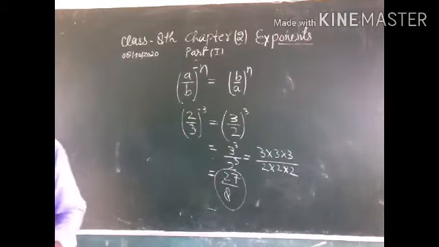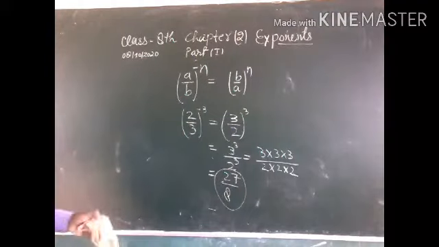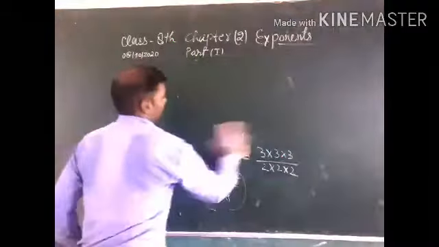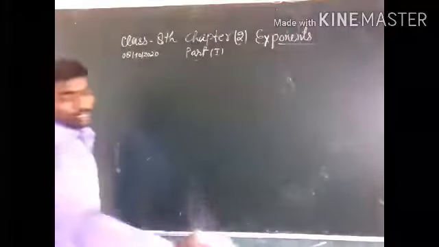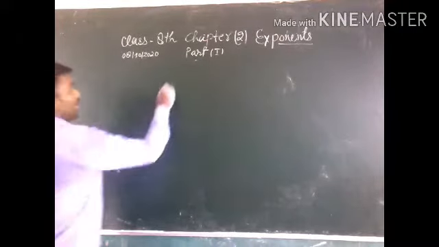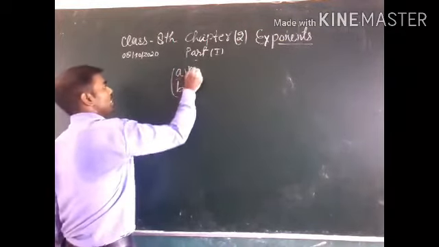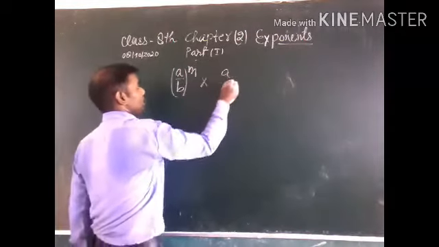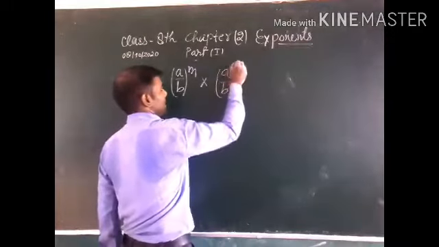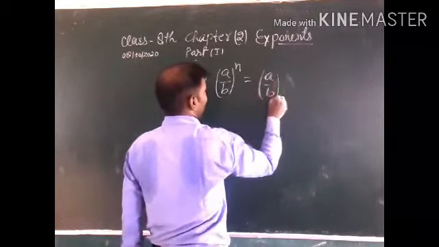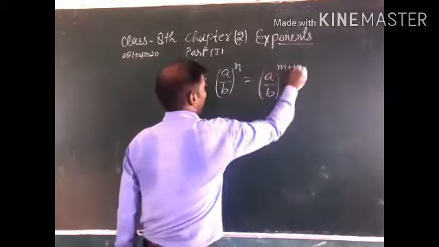Now another formula. First of all, (a by b) to the power m into (a by b) to the power n is equal to (a by b) to the power m plus n.